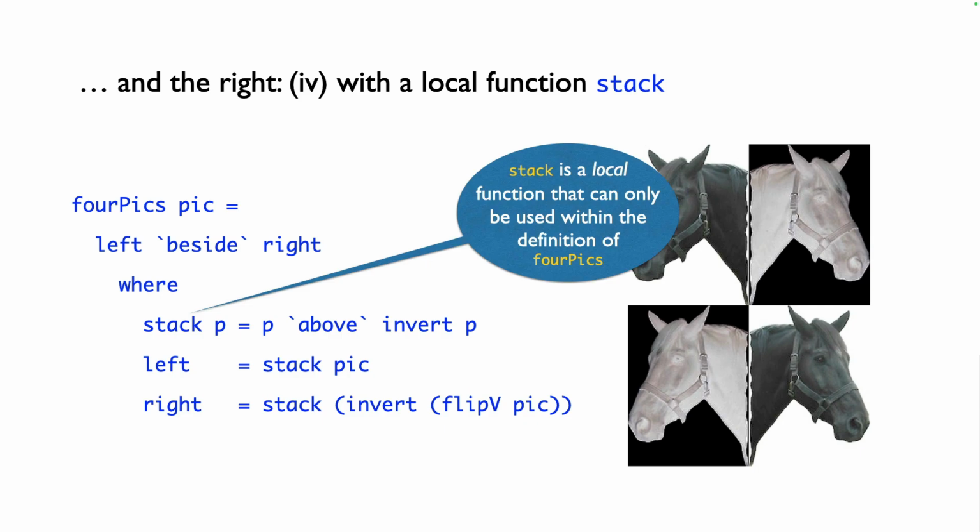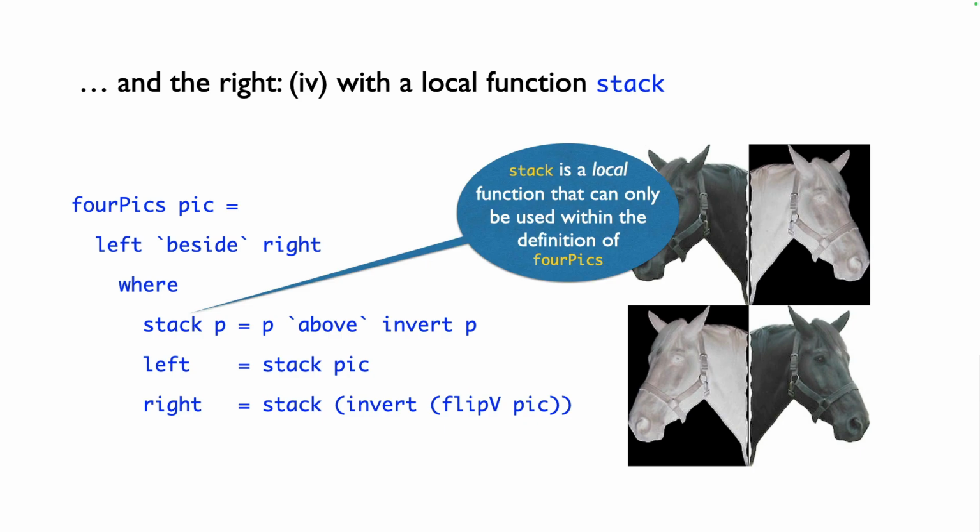Now, there are two reasons we make definitions local. One is because they use things that aren't available outside. So left and right are defined using pick, and that's an argument. So we only have that argument when we're inside the function. But another reason is if we define a local function like stack, it may only work inside the enclosing definition because it uses some things that are local.